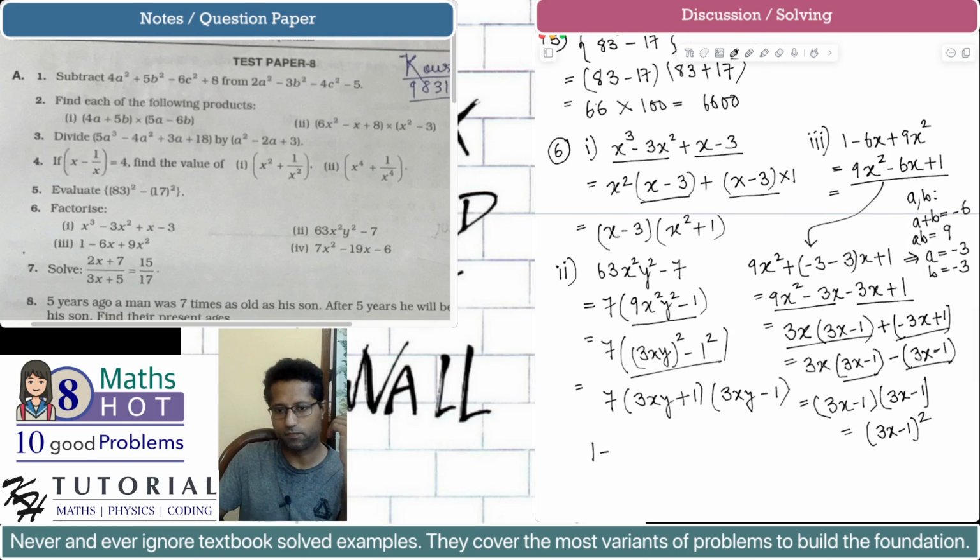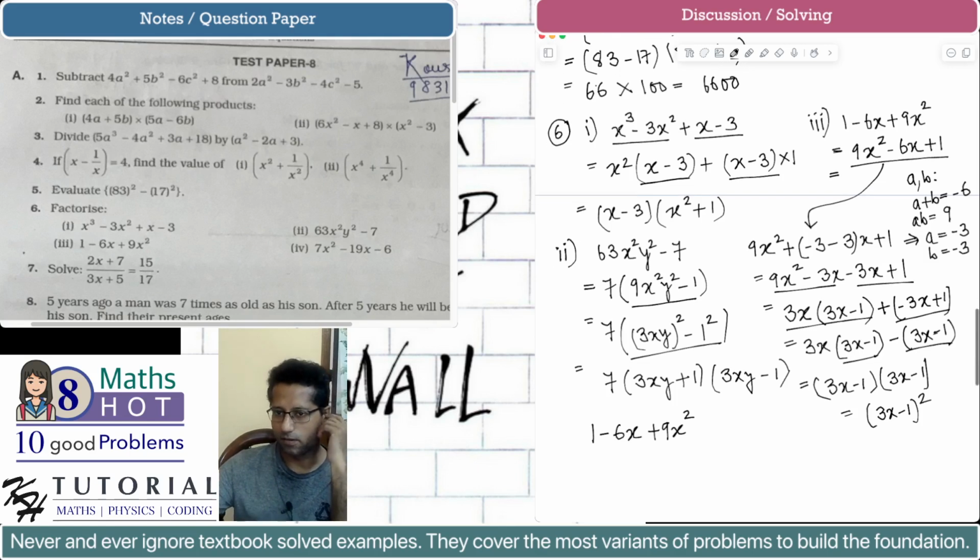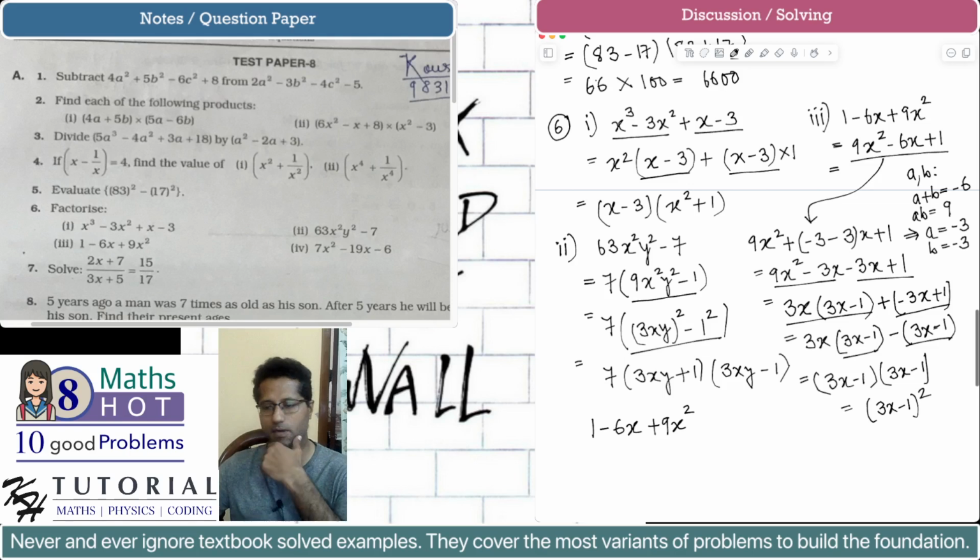So the expression was 1 minus 6x plus 9x square. Whenever you are given a quadratic trinomial, you always try first to see if it has the form a square plus b square plus twice ab, or a square plus b square minus twice ab. Then you can express it as a square of a difference or sum of two terms.